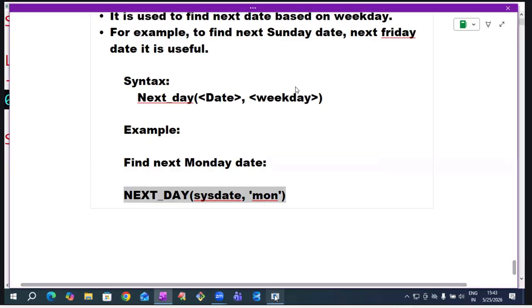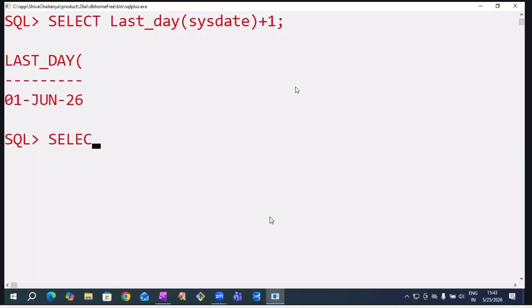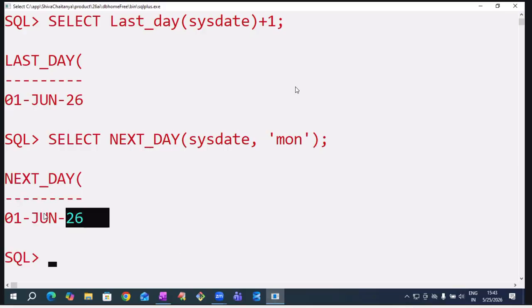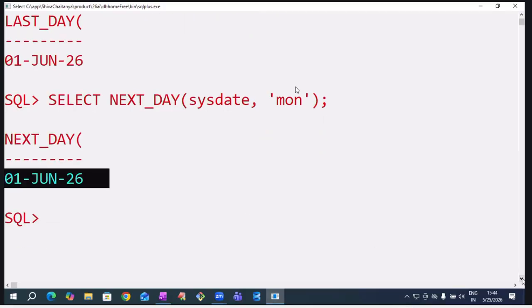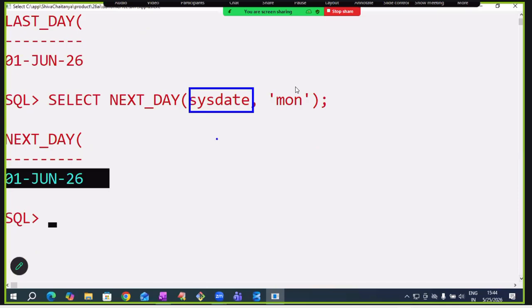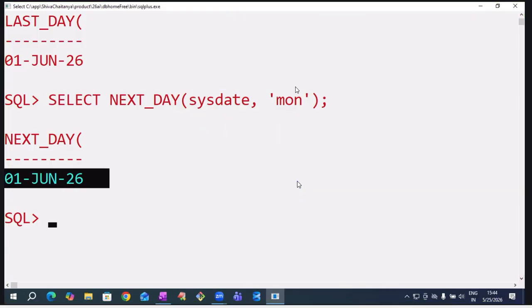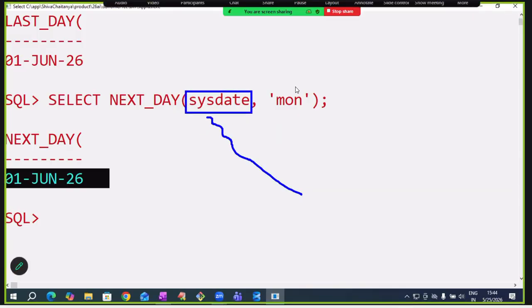Check here. Select. Next Monday date I am getting. Today is Monday. Today's date it is not giving. Next Monday date it is giving. So from today's date, next day onwards, when first Monday falls, it is finding.